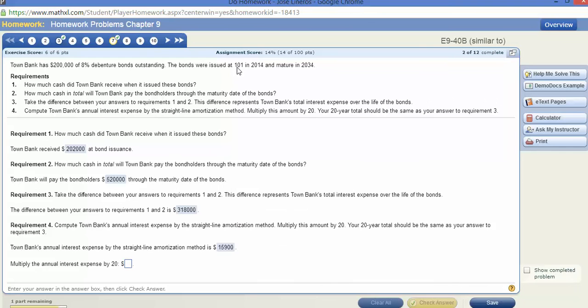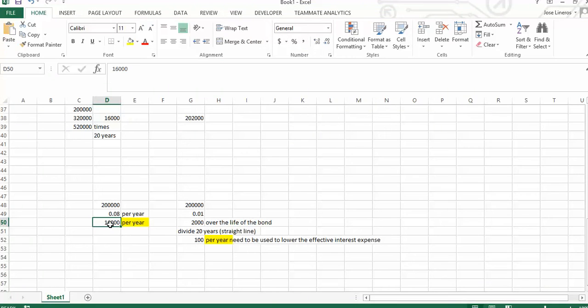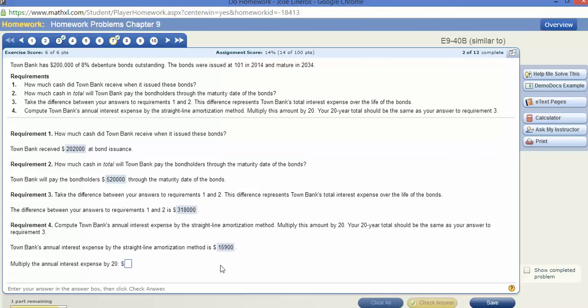But since you issued it at over par by 0.01, 0.01 times 200,000, there's the 2,000. That 2,000 is what's amortized or worked off over the life of the bonds, which is 20 years. Hence, this is what we would have paid if we'd issued at par. This is how much lower it is because we got 2,000 extra dollars, and they're allocated over 20 years.